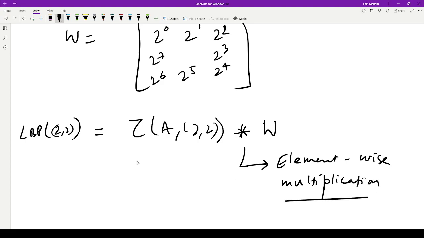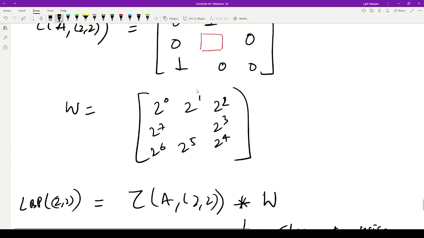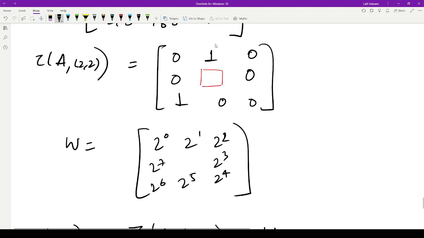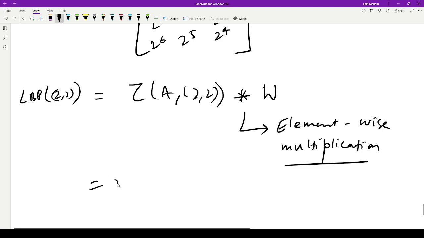Okay, given this, what do we have? We only need to consider this and this. I hope you are able to see my pointer. So it's 2 to the power 1 plus 2 to the power 6, which is 2 plus 64. So your answer is 66.